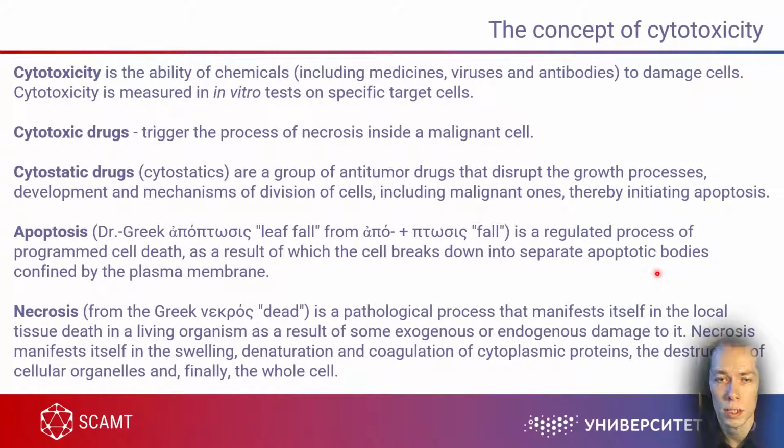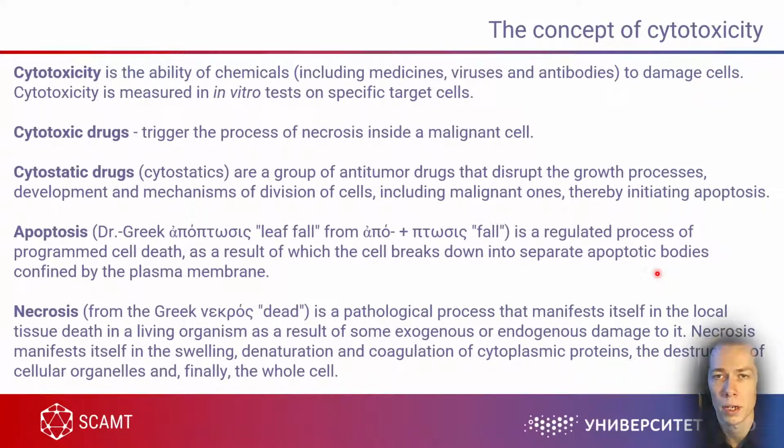Cytotoxicity is connected with 2 types of action, related to drugs: cytotoxic drugs and cytostatic drugs. Currently, there's not much talk about cytostatic drugs, because they cannot be called drugs after all.